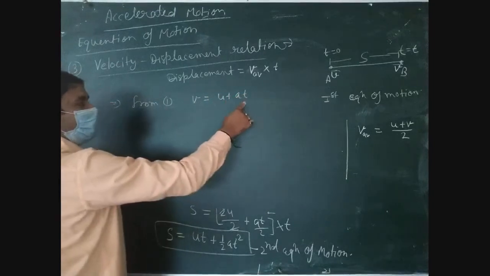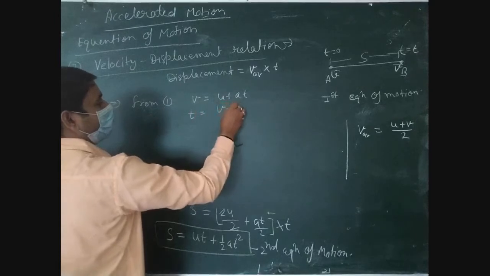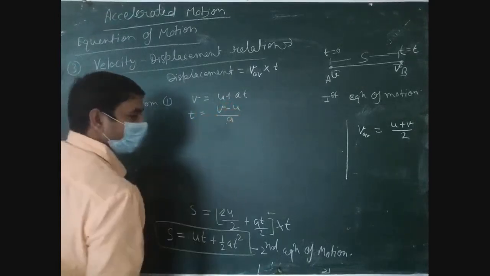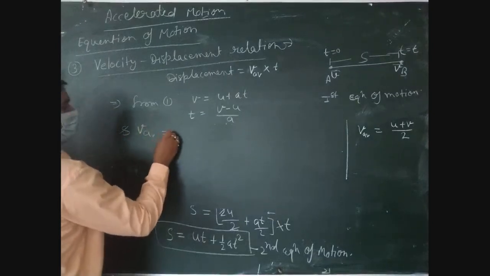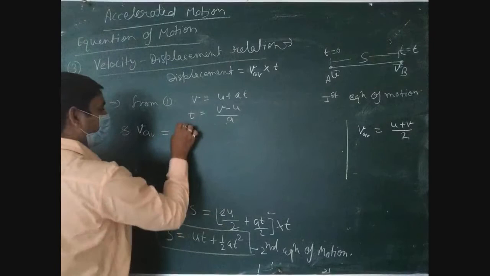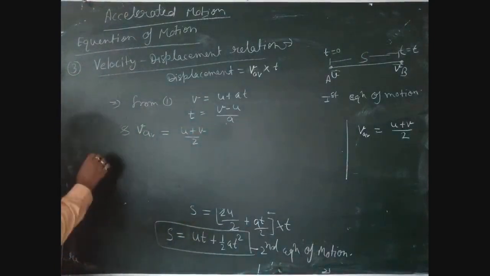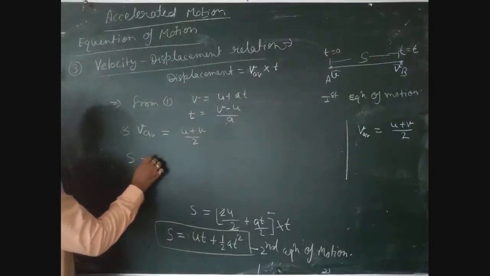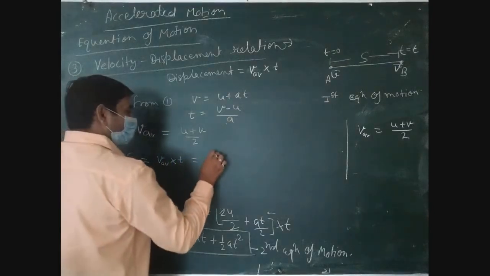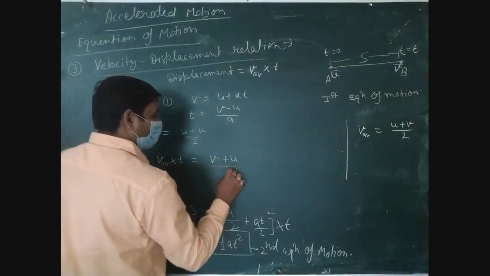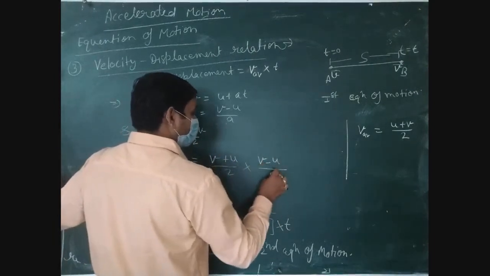Now from here calculate the value of time. You will get time equal to v minus u upon a, and average velocity is the same, u plus v by 2. Therefore displacement s is equal to average velocity into taken time, which is v plus u by 2 into v minus u by a.